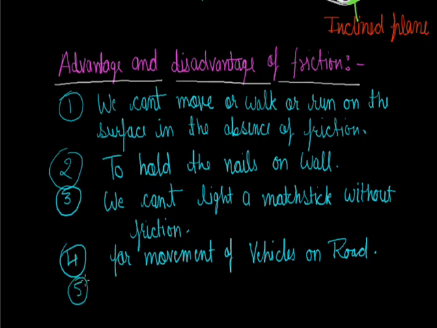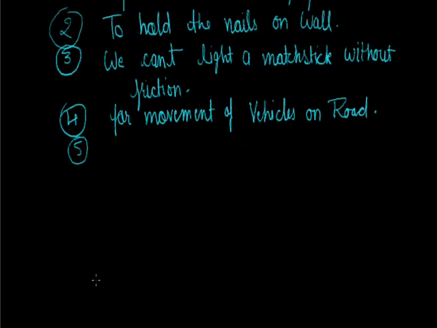Now, fifth point is it is because of friction between the brake shoes and wheels that bicycles and automobiles stop when brakes are applied. Now, some disadvantage of force of friction.